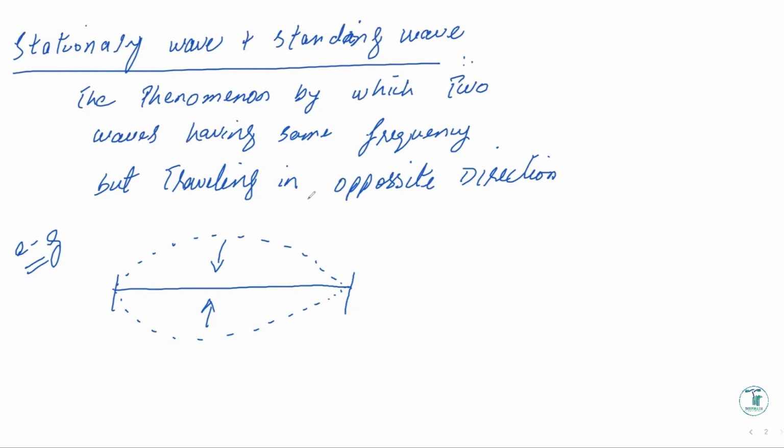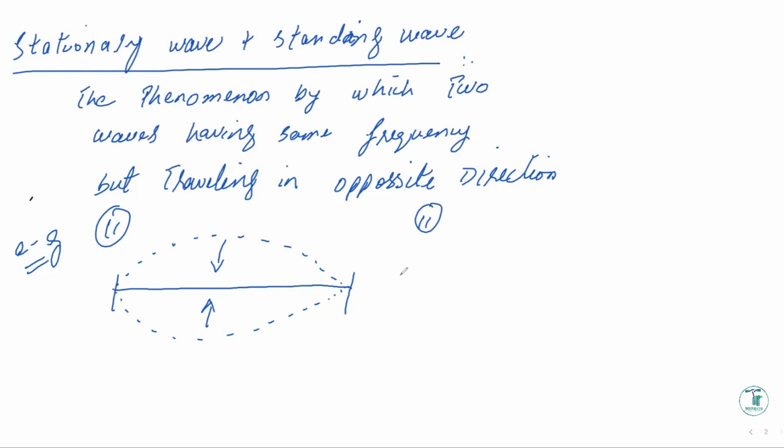Now the important thing is, how would you get the expressions for the wavelengths and frequencies depending upon their lengths? You can produce a stationary wave like this, or in the second scenario, the stationary wave can be produced like this.